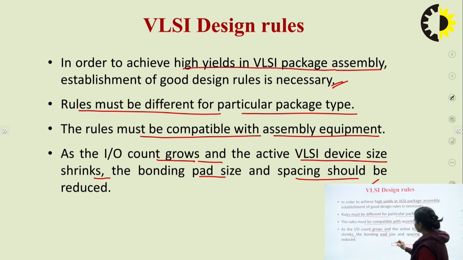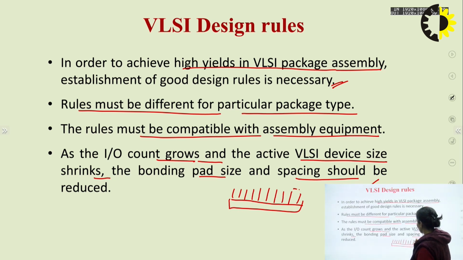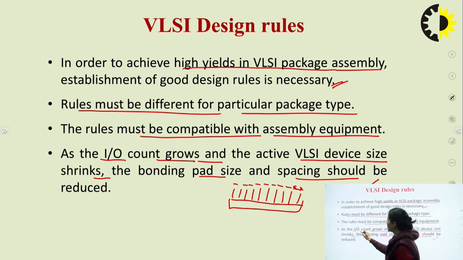On the particular IC, these are the pins. So the distance between these pins is reducing day by day, owing to the increase in the input-output count and owing to the shrinking in the device size.